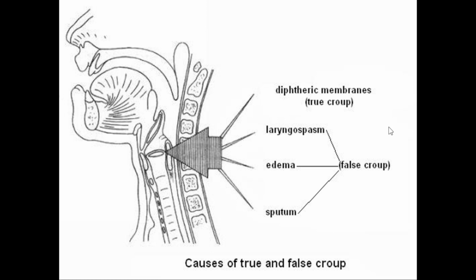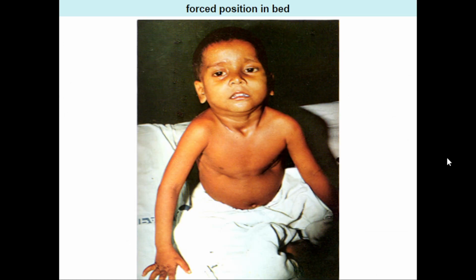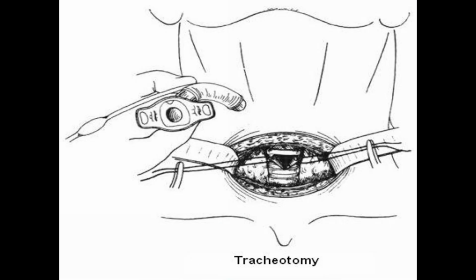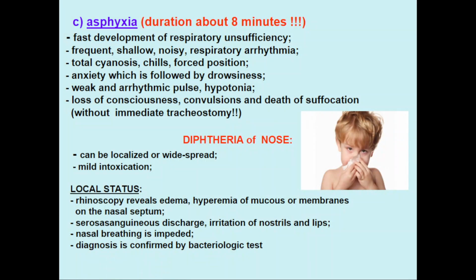In diphtheric true croup, it's due to diphtheric membranes. In forced position in bed, this is how it looks, and you see additional muscles of breathing also involved. Treatment is usually tracheotomy, because it's a mechanical blockage, and just breathing through a tube is what you can suggest to the patient.